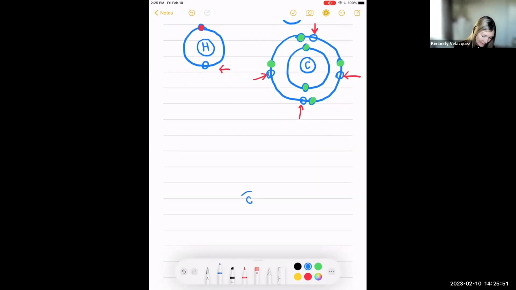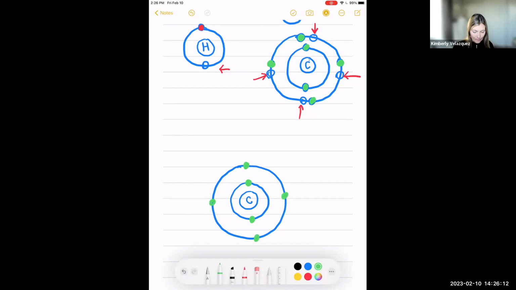Here's our carbon again. 2 electrons in the first shell, and then 4 in the next shell. So that's atomic number 6, column 4, so 4 valence electrons.